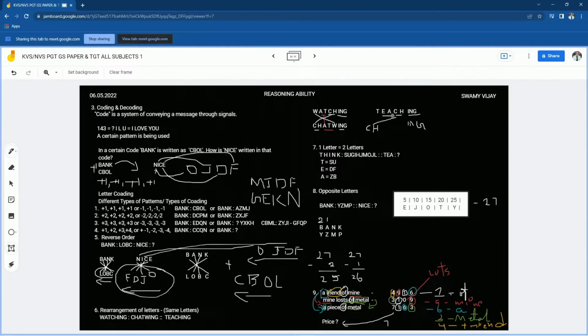So E will be written just below the letter A, the third letter, which is A, will be written just below the letter C, and the first letter of the first line, T, will be written below the letter H. Then it will become CHEATING, sir. Right. That also you can follow. Otherwise, you can group the 2 letters and bring the letters directly according to the position. Whichever method you understood, you do it. Okay. Rajesh sir, tell me.